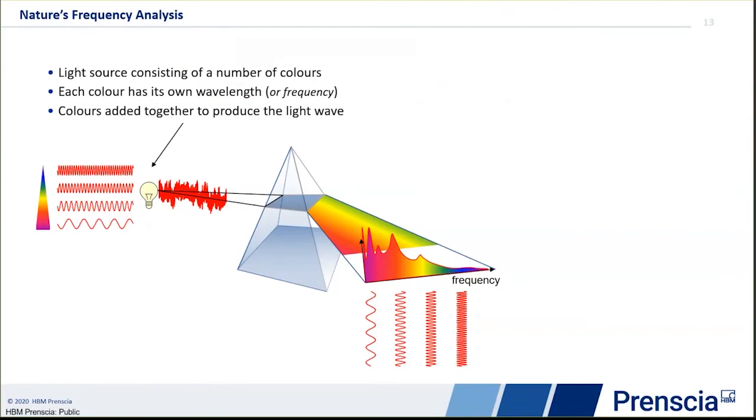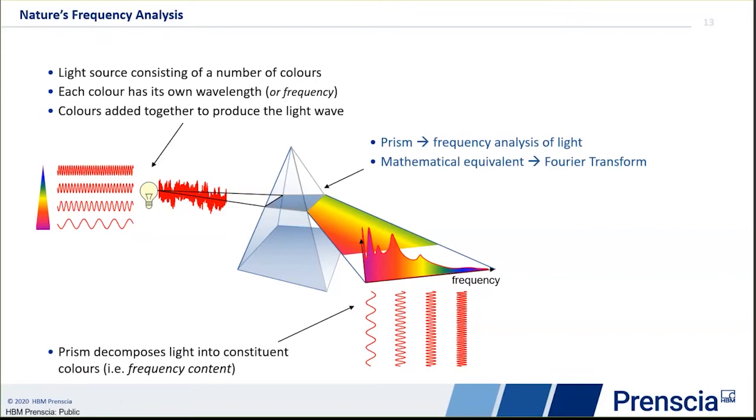White light is a combination of different colors added together. In nature you can see this as a rainbow. The prism decomposes the light into different colors, basically the different frequency content. So nature's frequency analysis is the prism.